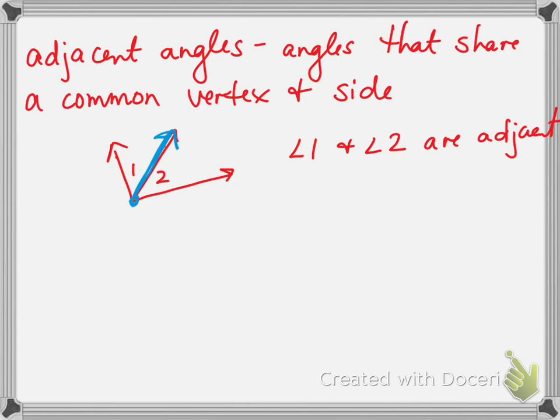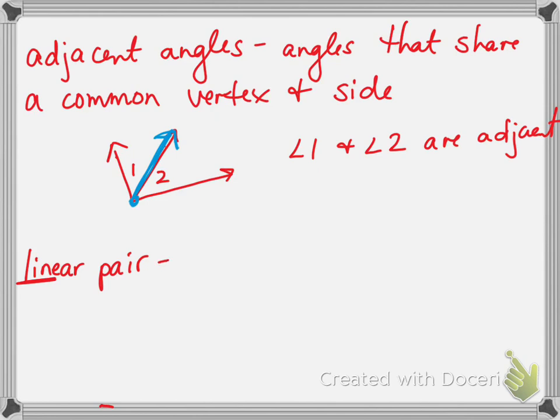All right, another important vocabulary word or type of angle is a linear pair. When you look at this definition, linear pair, you might notice that there's a root word of line.